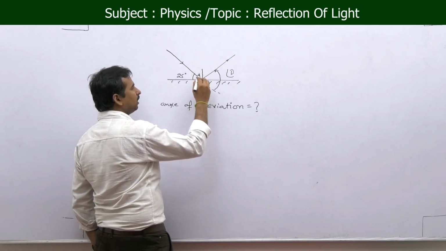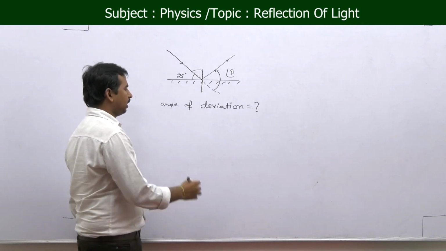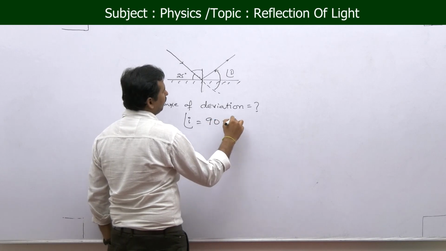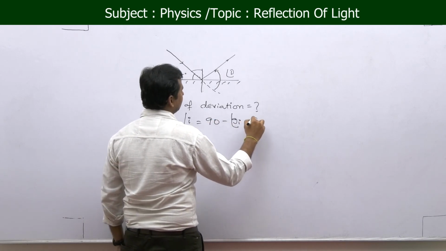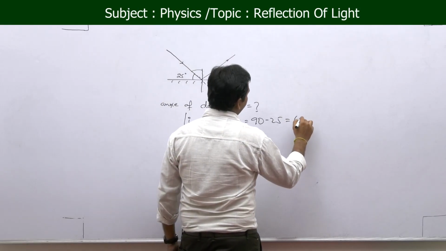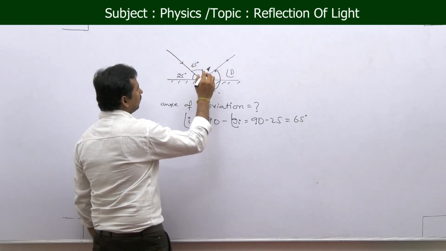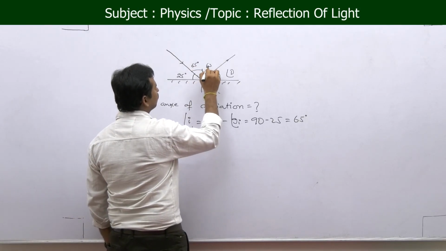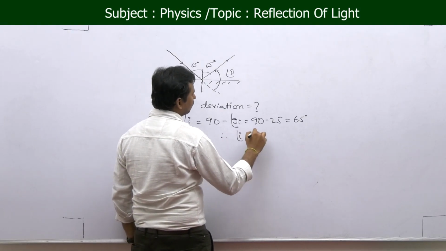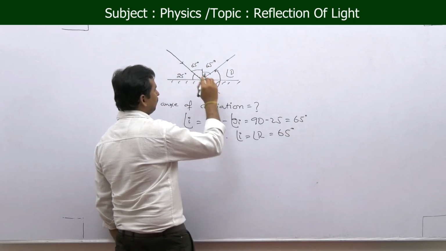If you take the normal, then the remaining angle becomes 90 minus glancing angle. So angle of incidence is 90 minus 25, which is 65 degrees. Then angle of reflection also becomes 65 degrees, as angle of incidence is equal to angle of reflection.